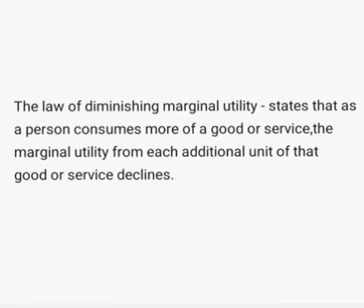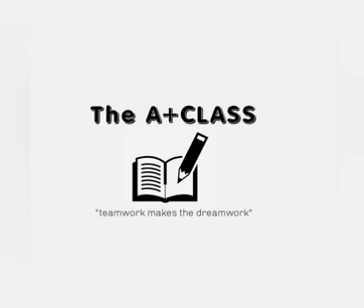What do we mean by this? Let's use that chocolate scenario. You purchase a chocolate, you eat it, utility. You purchase another one, you eat it, it's marginal utility, additional satisfaction, right?